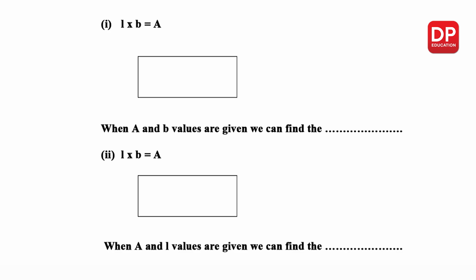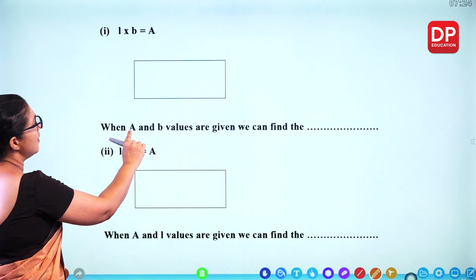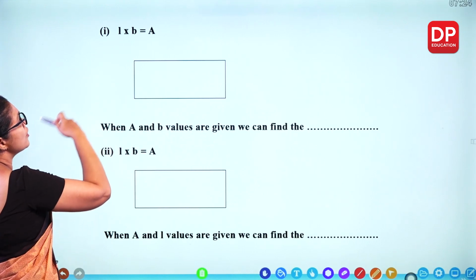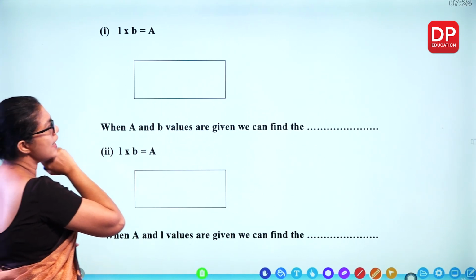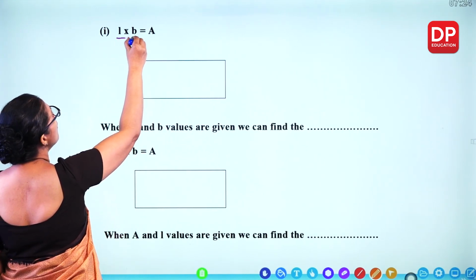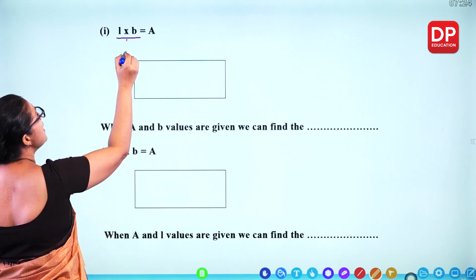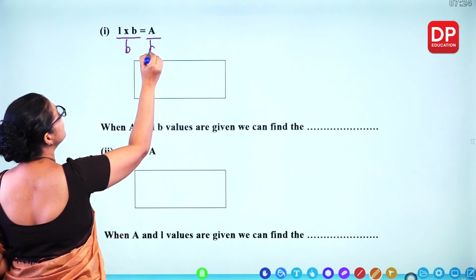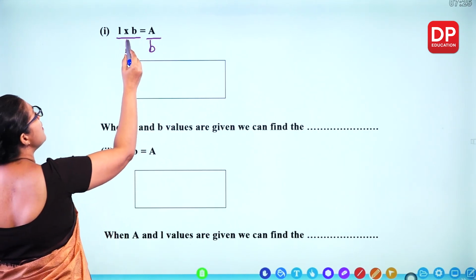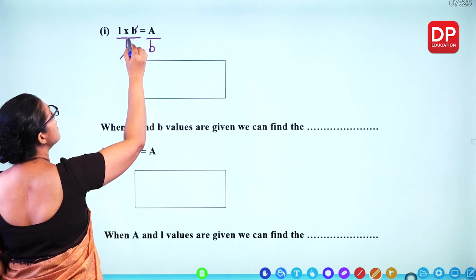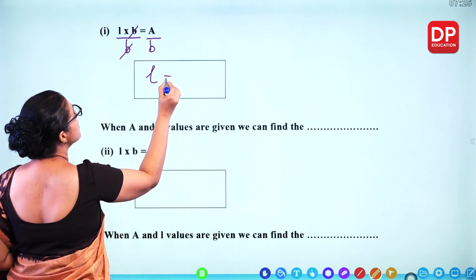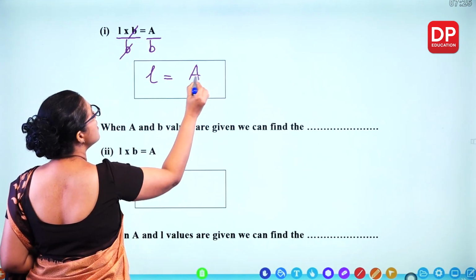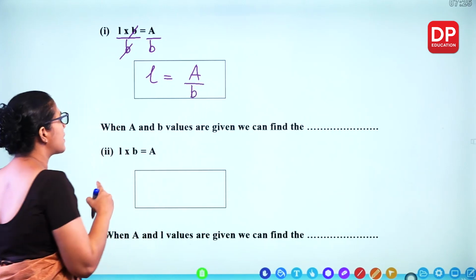If you want to find out the L value, what do you do? We can divide this by B, both sides. B gets cancelled out. You get L equals area divided by breadth.